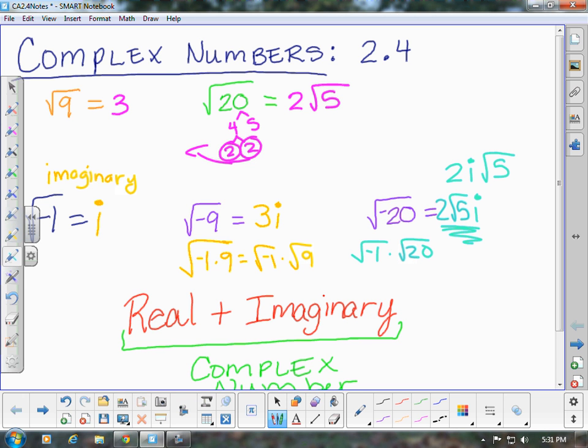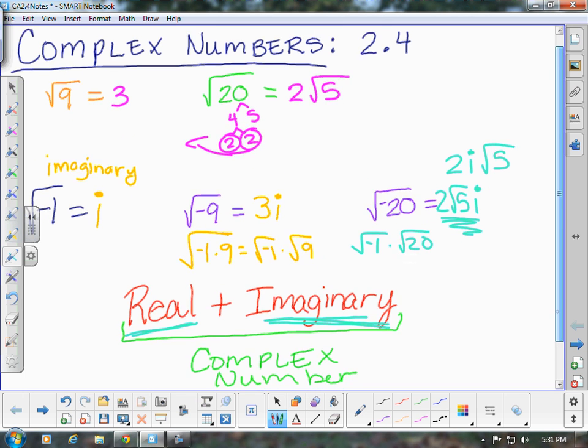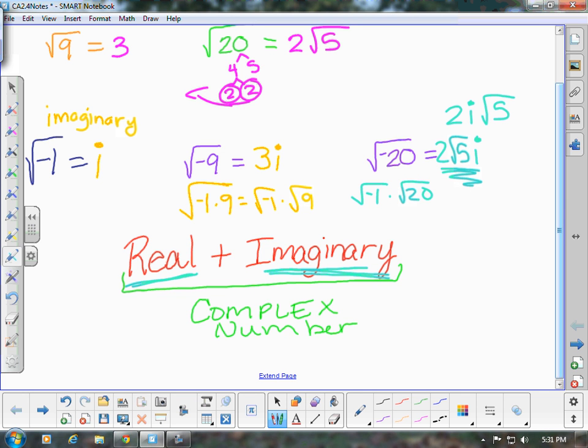Then if you take a real number and you add or subtract an imaginary number from it, you get what is called a complex number.